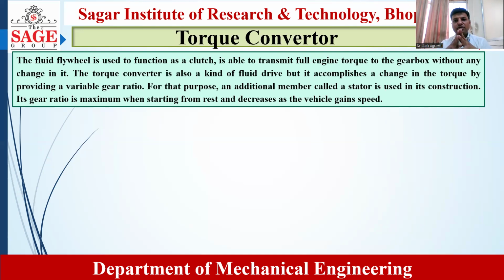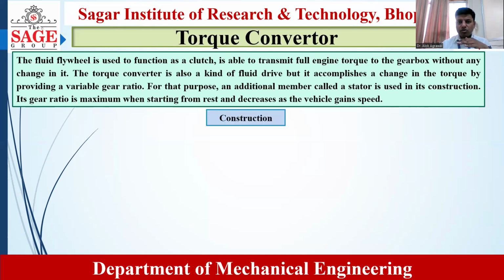Its gear ratio is maximum at the time of starting because at that time the turbine shaft, or the driven shaft, is stationary and the driver shaft is at its full speed. As the vehicle gains speed, the gear ratio decreases.